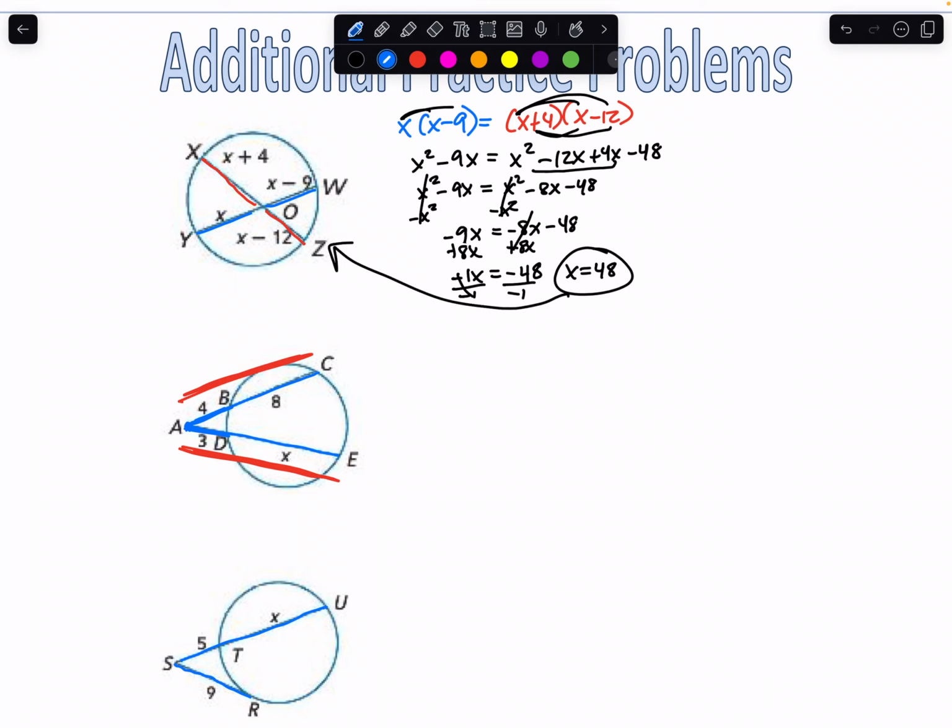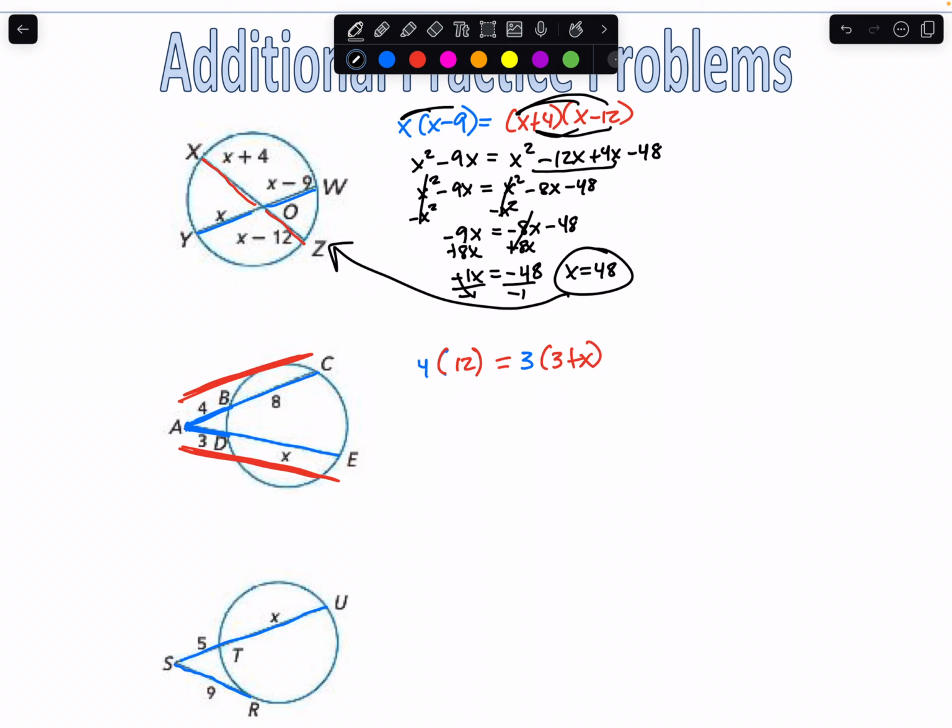So that leaves me with the outside is 4 times the total, which is 4 plus 8. That's 12. That'll equal the other outside, which is 3, times the whole, which is 3 plus x, the full distance.